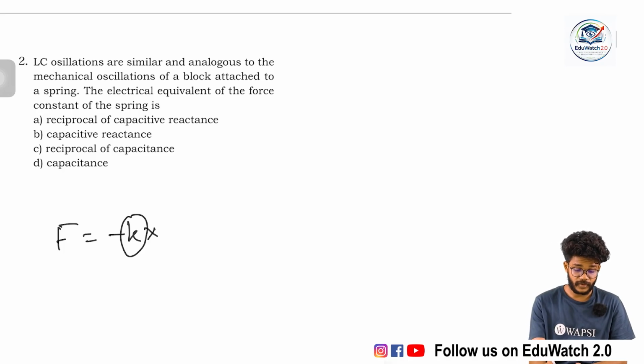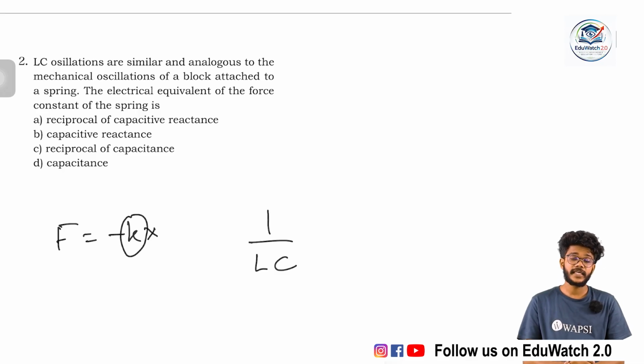We know that the force is proportional to 1 by LC, and if you are taking the inductor as a constant, then the C will act as a force constant K.